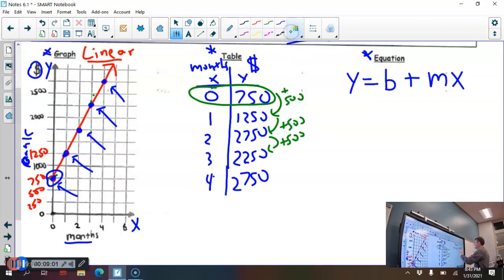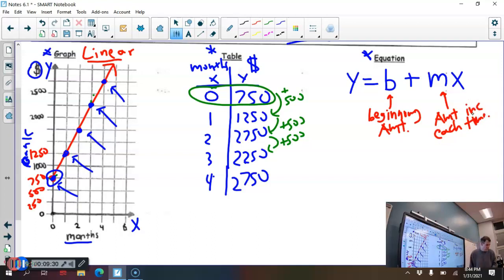The B stands for the beginning amount. That is what the B stands for in this formula. And the M stands for the amount of increase each time. That is what the M stands for.